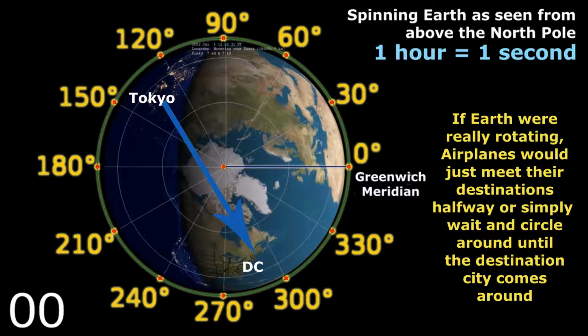If it takes 12 hours, the airplane could meet the city coming towards it in 6 hours of flight, or just wait until the city comes around instead of flying the opposite direction for 12 hours. So it only means that Earth does not rotate, and the airplane really has to go from point A to point B, and not wait for the city to come, because the Earth is not rotating.